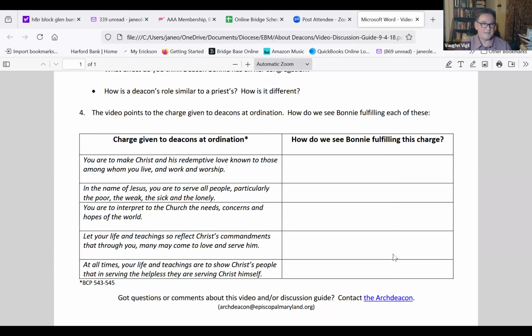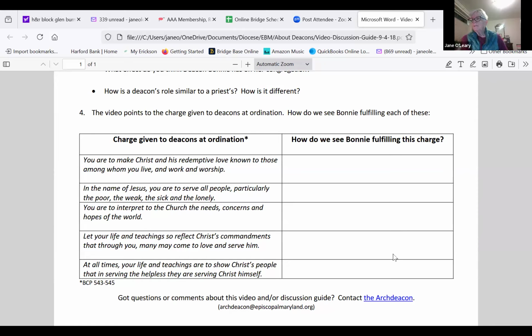But it does happen, but not all the time. Yeah. I've seen multiple examples of the bishop deciding that he or she needs this person to be a priest and urging that to happen.